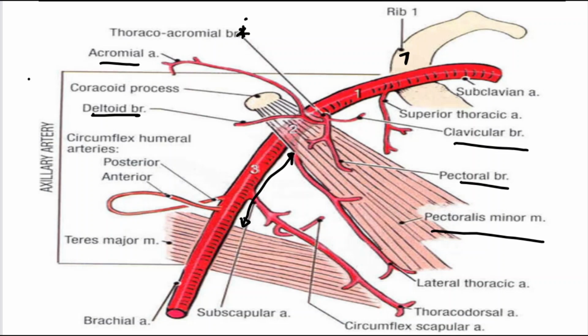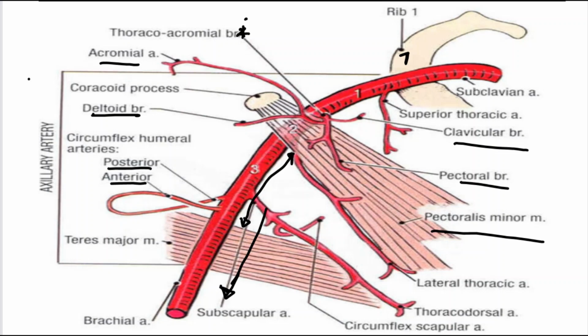It starts out as the subscapular artery. This subscapular artery will give you branches like the circumflex scapular artery, and it continues as the thoracodorsal artery. It also gives you the circumflex humeral arteries, both the anterior and the posterior humeral circumflex artery.